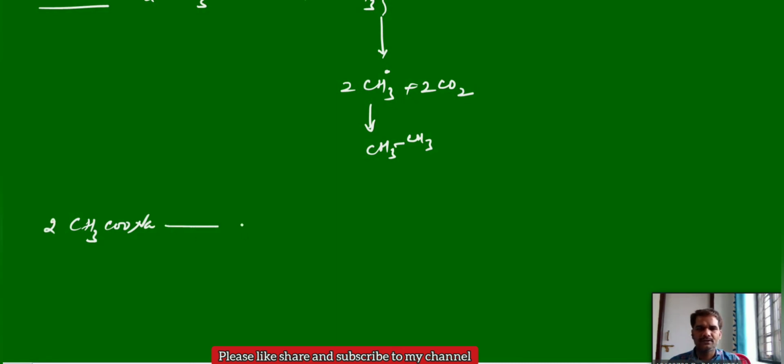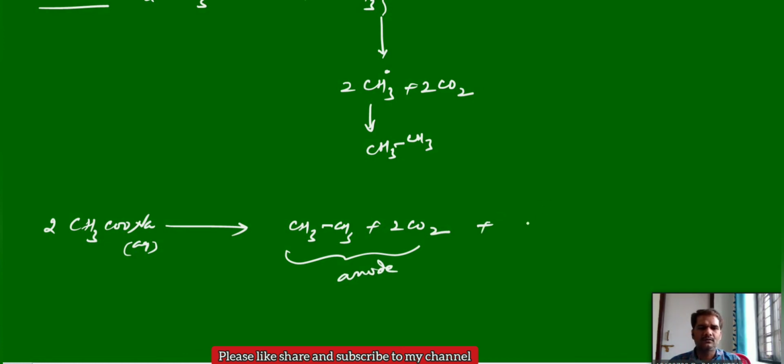When aqueous sodium acetate undergoes electrolysis, it can form ethane and carbon dioxide, and these 2 can liberate at anode, and hydrogen and sodium hydroxide are possible at cathode.